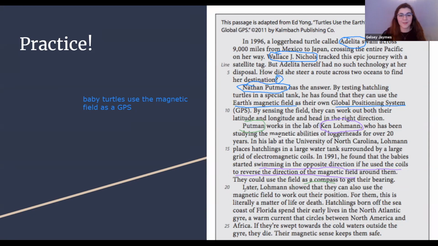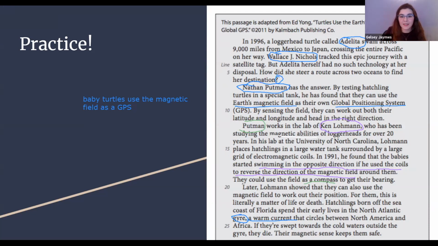All right, if you guys want to drop some annotations in there, that's fantastic. Otherwise, I'll start just highlighting a few more things that I think we should pick out of this passage. So one thing you might not be familiar with is this word here, the warm currents. So if there's a word you're not super familiar with, go ahead and underline a definition that pertains to it, or circle the word itself just so you're aware and able to pick out that information if you need it.